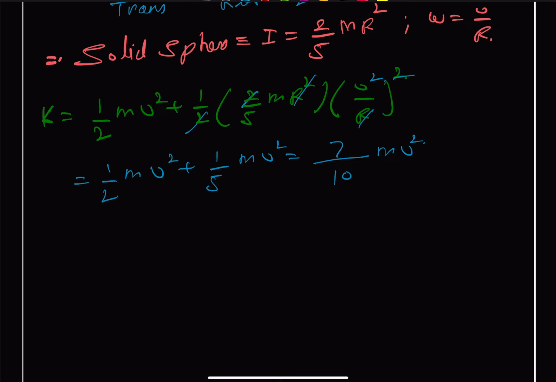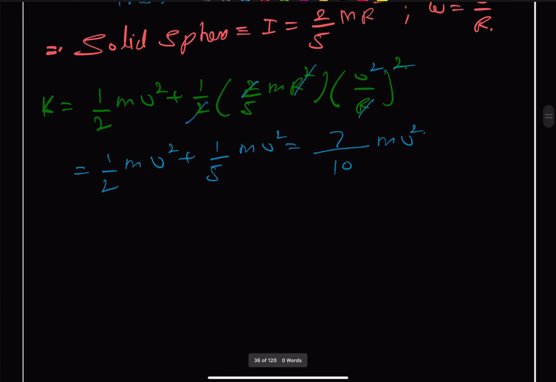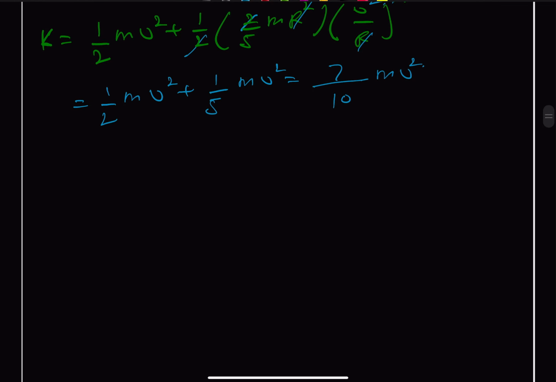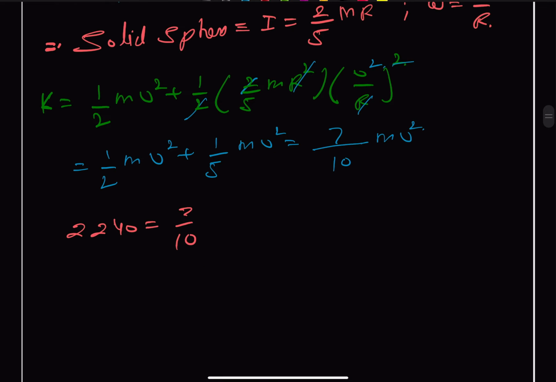So from here, kinetic energy is given to us as 2240. So we can just substitute it. We have 2240 is equal to 7 upon 10, and the mass is also given to us as 2, so this comes as 2 and v square.